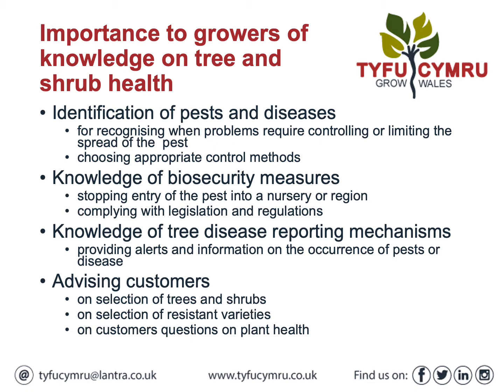You also need knowledge of biosecurity measures. So these are measures that try to stop entry of the pest into a region or into an individual nursery. And you also need knowledge of this so that you're able to comply with legislation and with regulations.